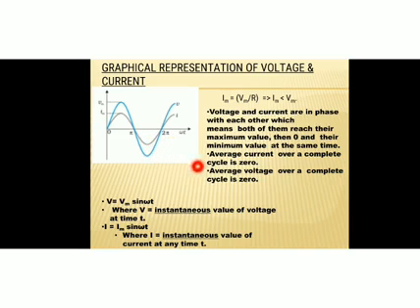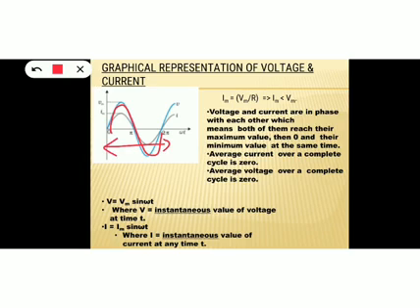Okay, and what is the average current over a complete cycle? See here, what is one cycle? When the one complete wave is over, we can say that one complete cycle is over. If we consider this portion, this forms one complete cycle.